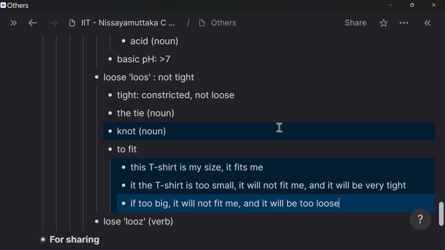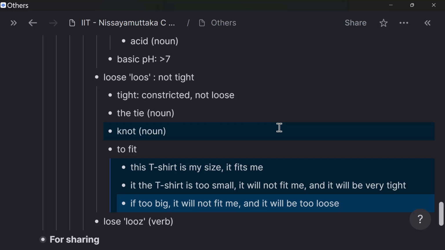Even as monks, we should not wear our robe too loosely. Also, when we are wearing it for pindapata, it should not be too tight. I heard it's in the rules. So not too tight, not too loose. Just fitting.